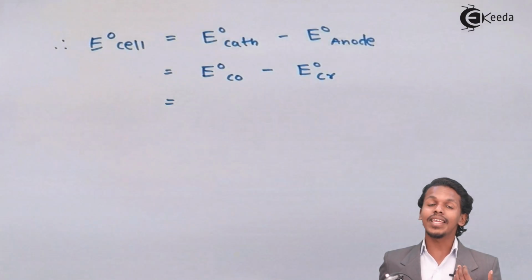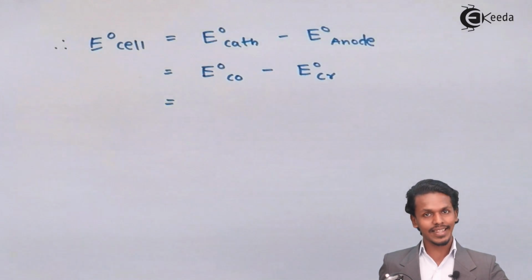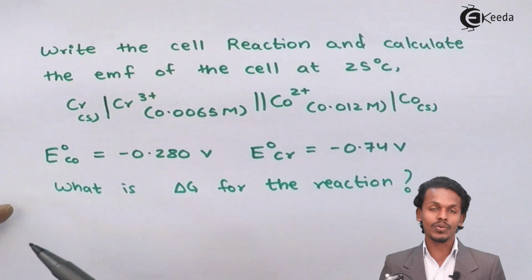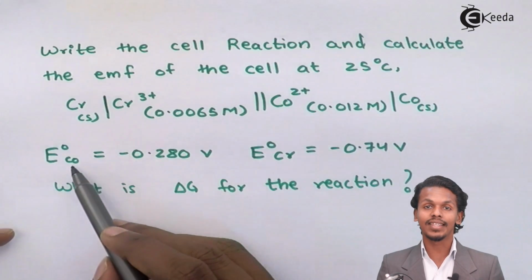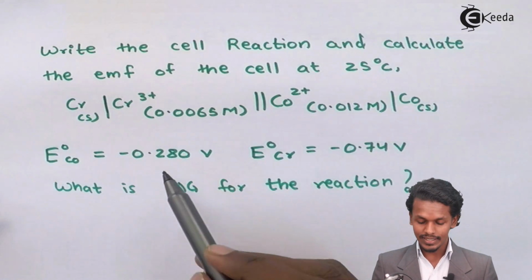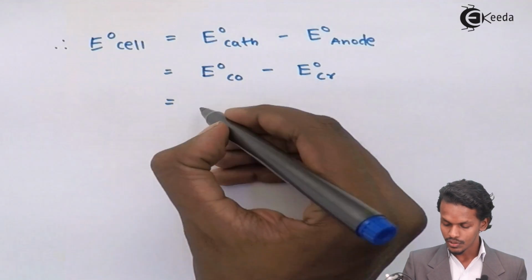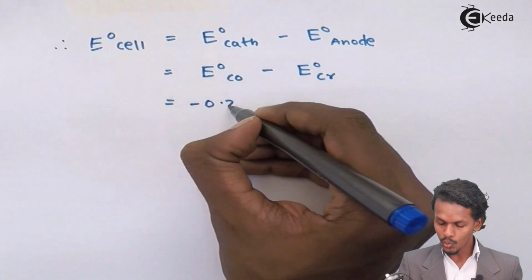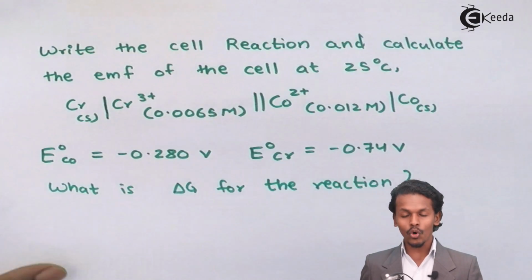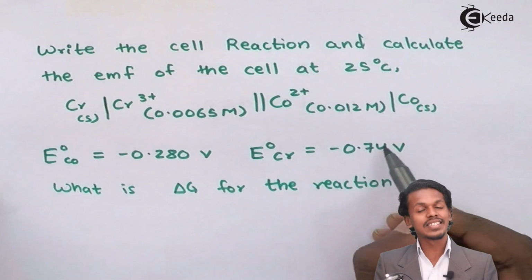Based on this, we could easily calculate the E0 cell. In the given question, they have mentioned that the standard electrode potential of cobalt is minus 0.280 volt, minus, again for chromium they have mentioned minus 0.74 volt.